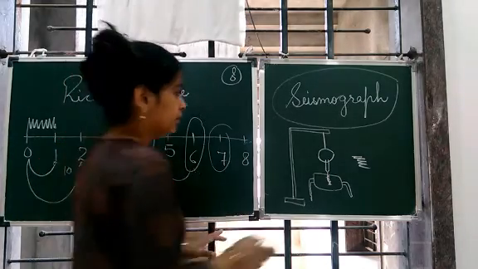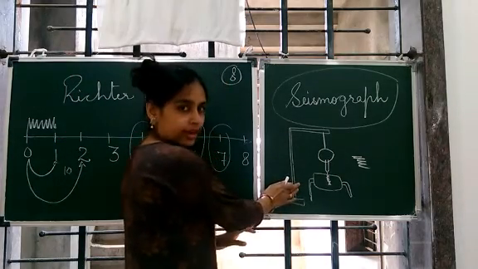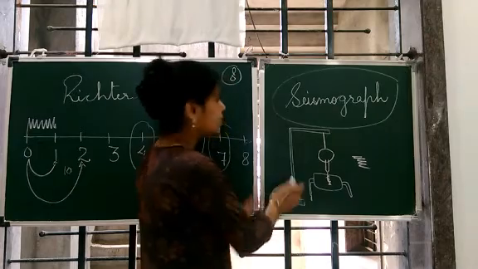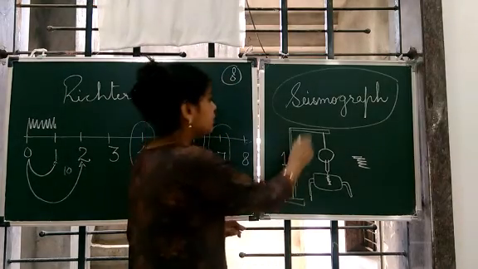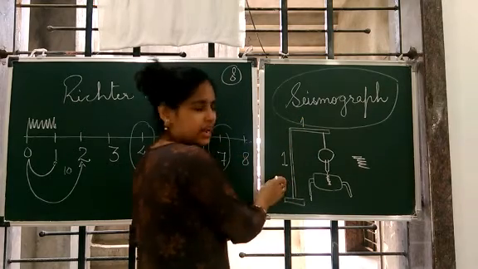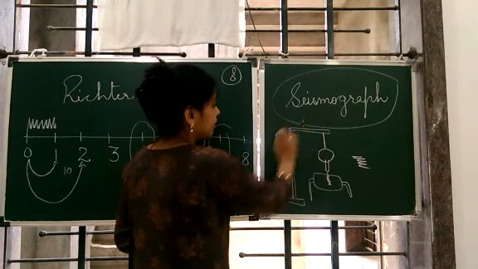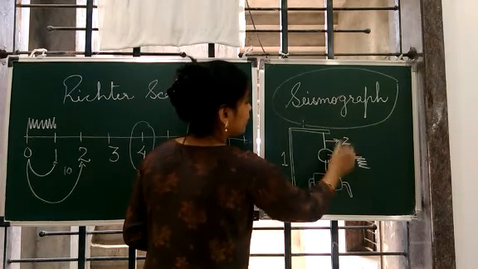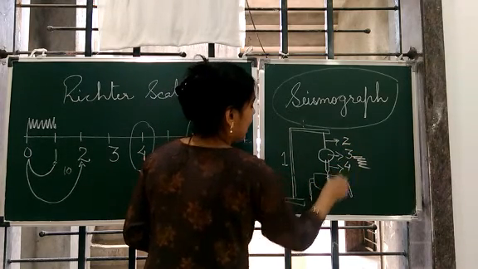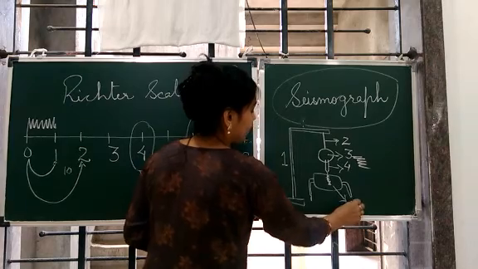It's only a device, or you can say an instrument. Very important things: a metal stand, a metal rod, a pendulum, a pen, and a rolling paper.